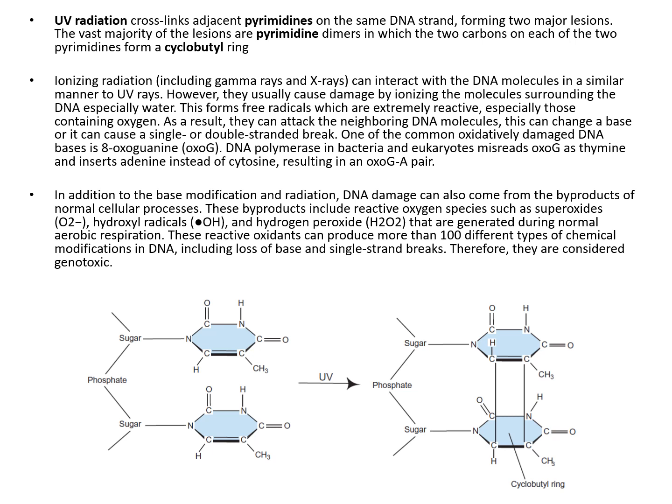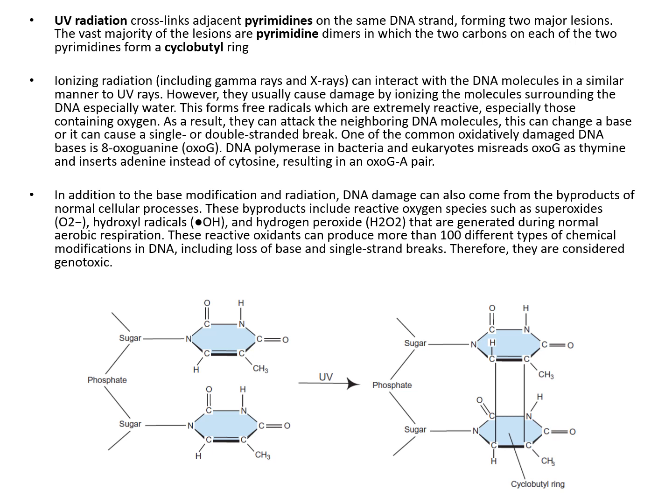The vast majority of the lesions are pyrimidine dimers. Basically, two carbons on each of the two pyrimidines form a cyclobutyl ring. That's the UV radiation.